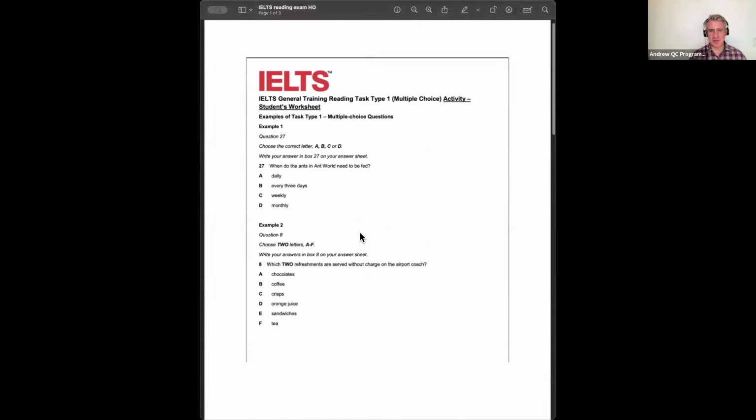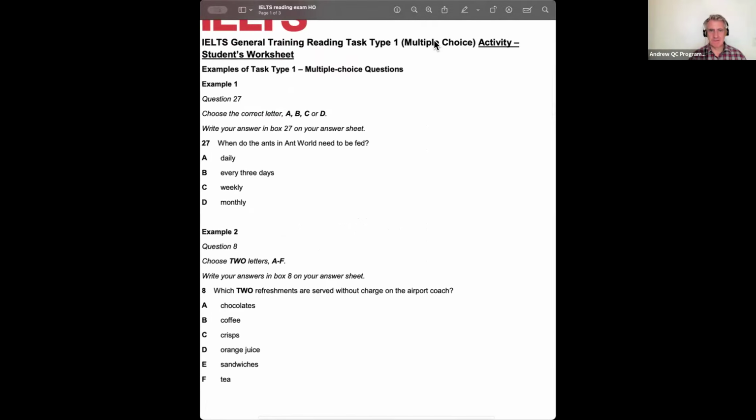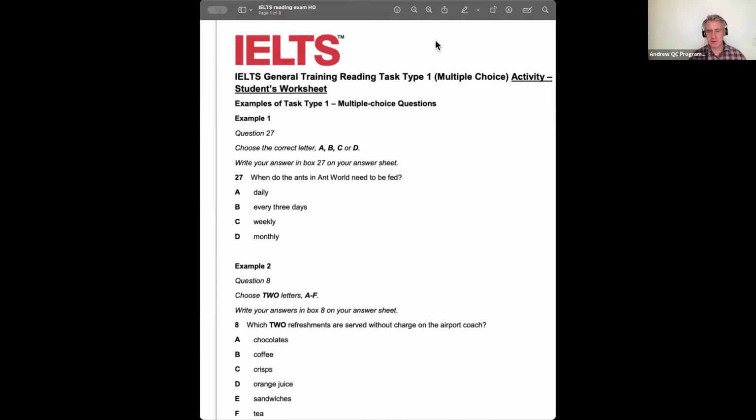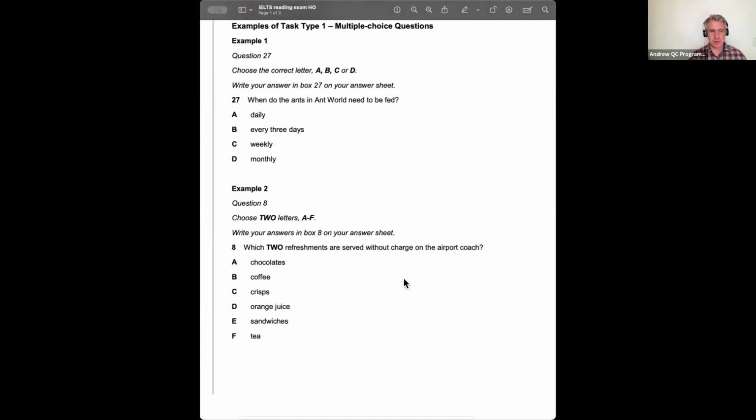How many possible answers are there in example 1? Shall I nominate someone? Number one, I think. Yeah, there's one possible correct answer, isn't there? Example 2.